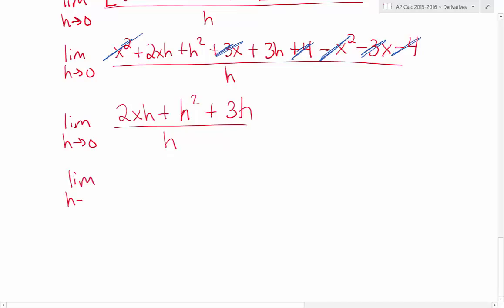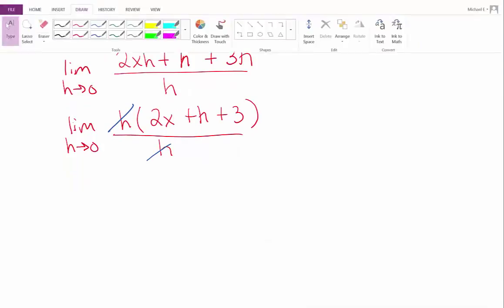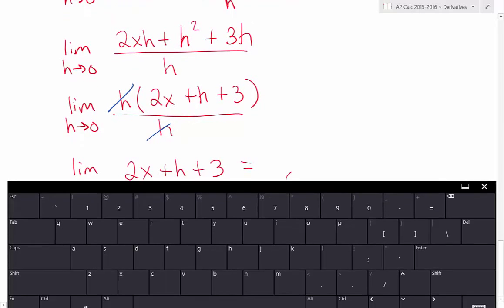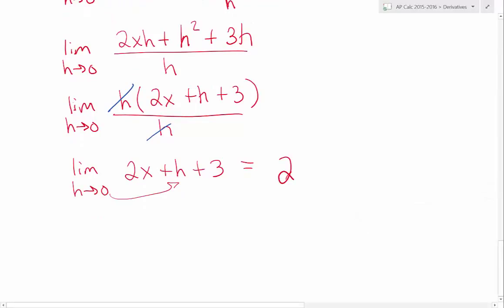So we get the limit as h approaches 0 of h times (2x plus h plus 3) divided by h. Then we can simplify, and that leaves us with the limit as h approaches 0 of 2x plus h plus 3. Then we plug in 0, and so this limit is equal to 2x plus 0 plus 3, or just 2x plus 3.